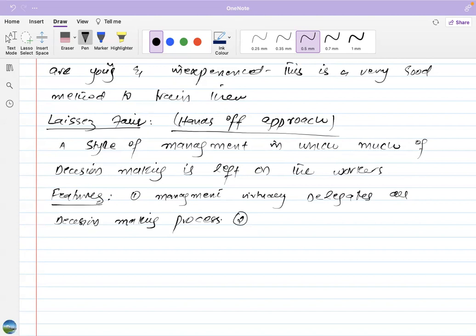Secondly, some criteria must be settled regarding who will be involved, because they cannot allow everyone to participate in the decision making. Criteria must be set to involve people in the decision-making process.